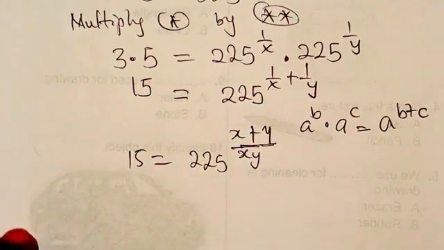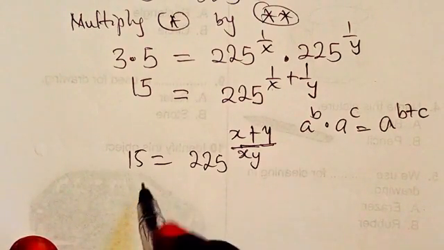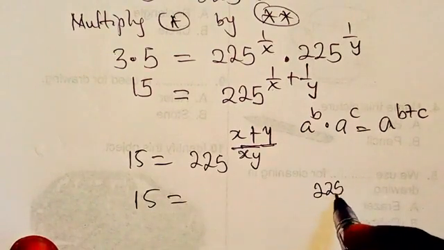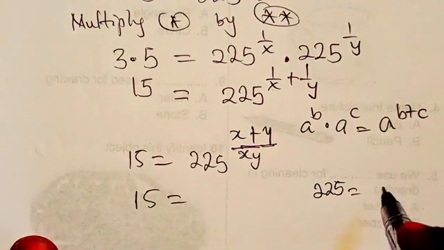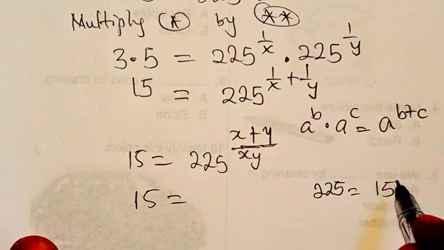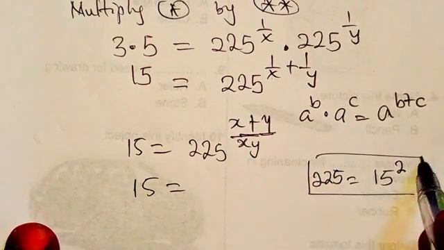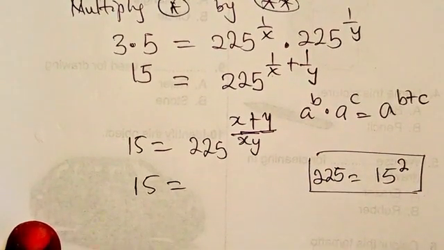From there, the next thing is that I have 15 here, and 225 can be expressed as 15 to the power of 2, that is when 15 multiplies itself 2 times, we have 225.